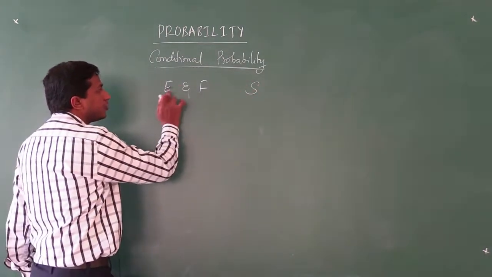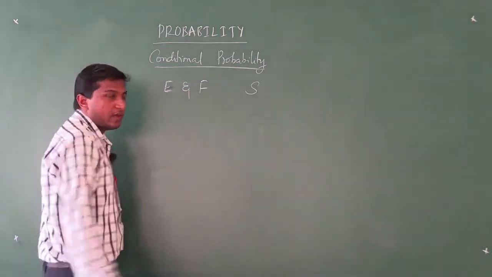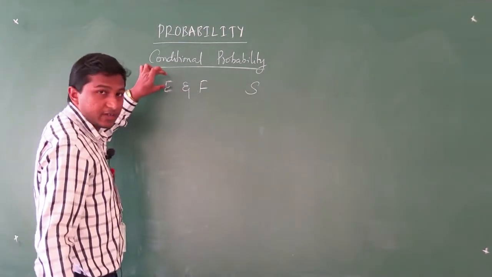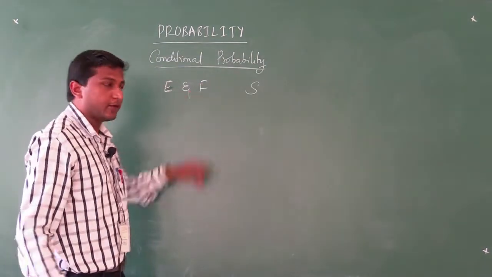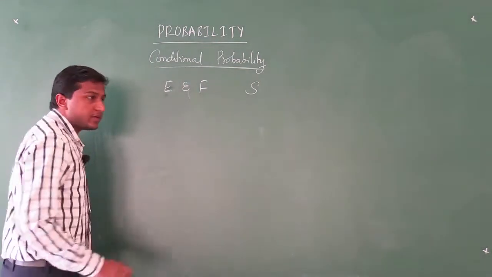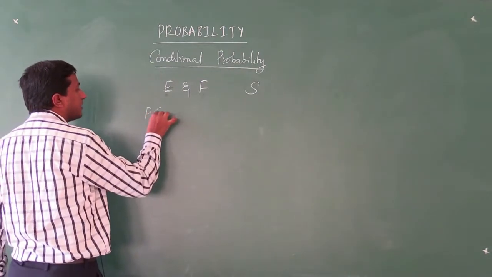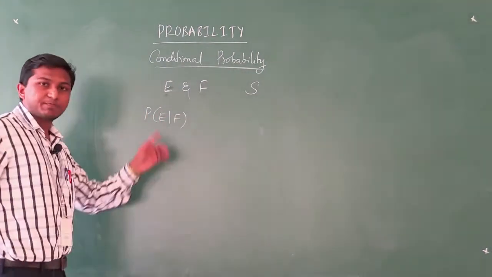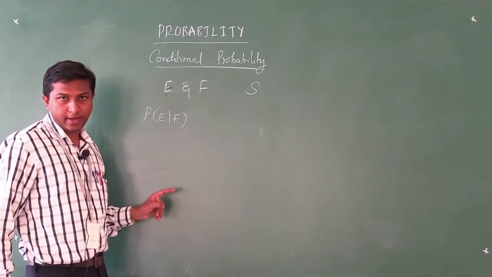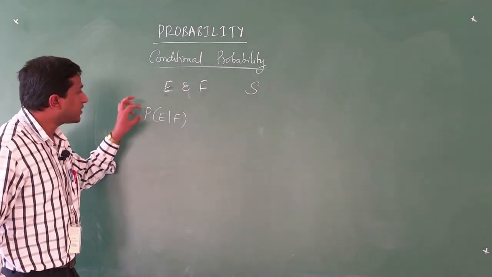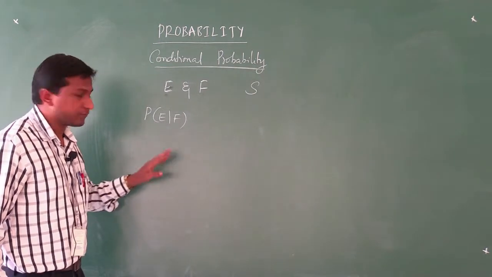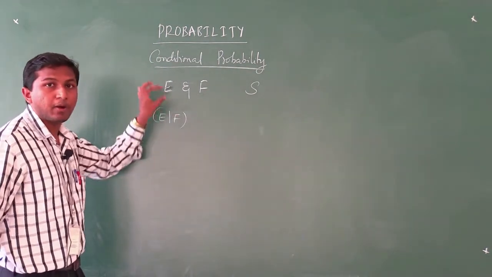So we have taken two events E and F of the sample space S, and we think about the probability of event E with respect to event F. That is called the conditional probability of E with respect to F. The notation is capital P of E bar F, read as P of E bar F.